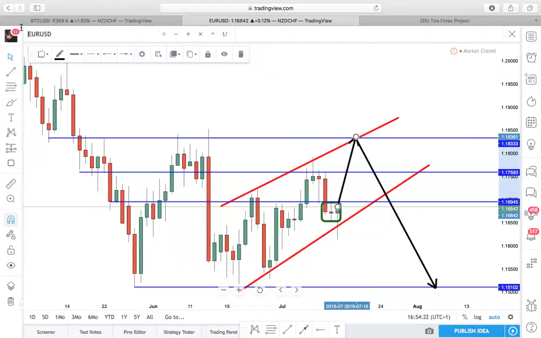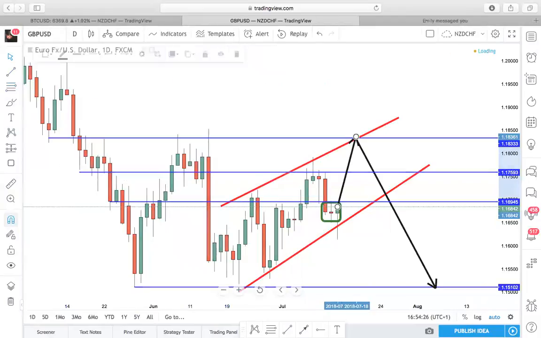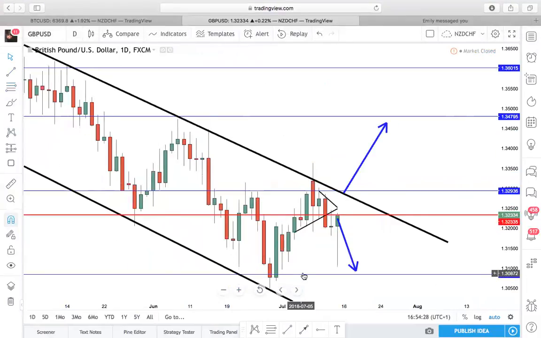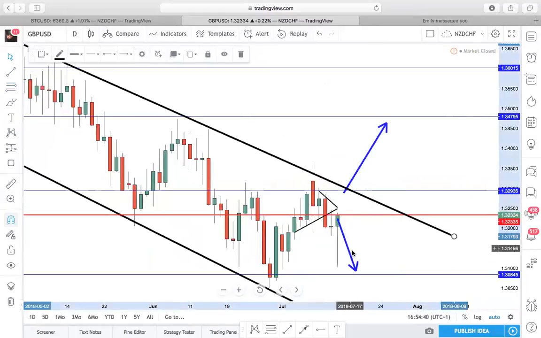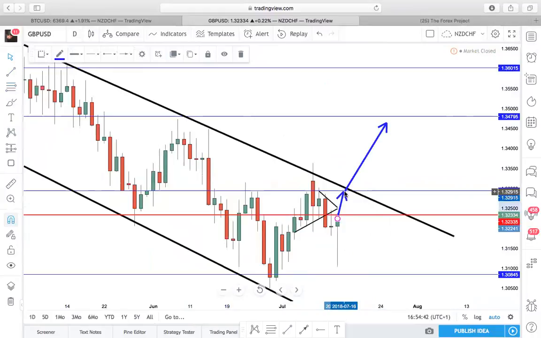Let's go to GBP USD. Yeah, we got another super strong reversal here. So I kind of expect that my trend line is probably off, and we're going to hit here first.